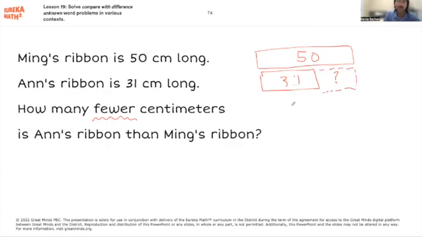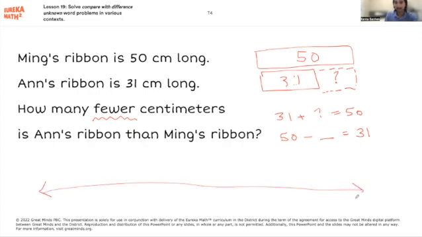So that could be an addition problem, like 31 plus something equals 50, or a subtraction problem, right? 50 minus something equals 31. What we've been doing this week is making that number line. Right? So I definitely need this 50 number.